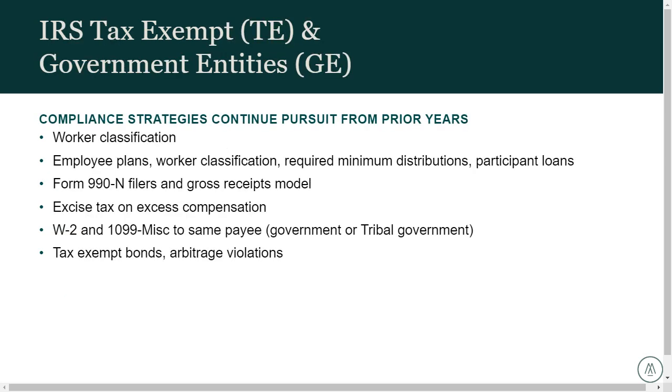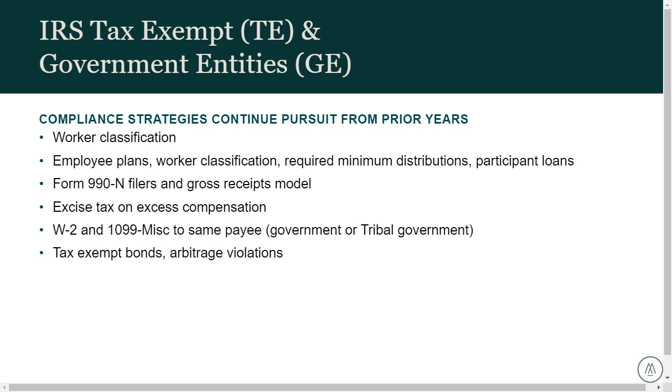The Tax-Exempt and Government Entities division of the IRS, TEGE, continues to work on strategies from prior years. So that includes worker classification, employee plans, the Form 990-N filers that we talked about earlier, and they had executed that exam process. The excise tax on excess compensation, 4960.